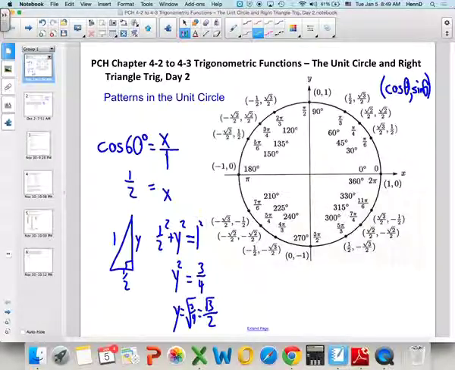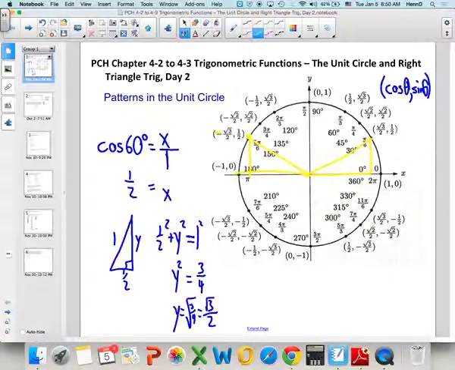As you started to figure out what the sides were, you recognized, hey, I have the same triangle here as I do over here. It's just I'm moving over to the second quadrant, so I know my x coordinate is negative. And this is why all of these points have the same coordinates.